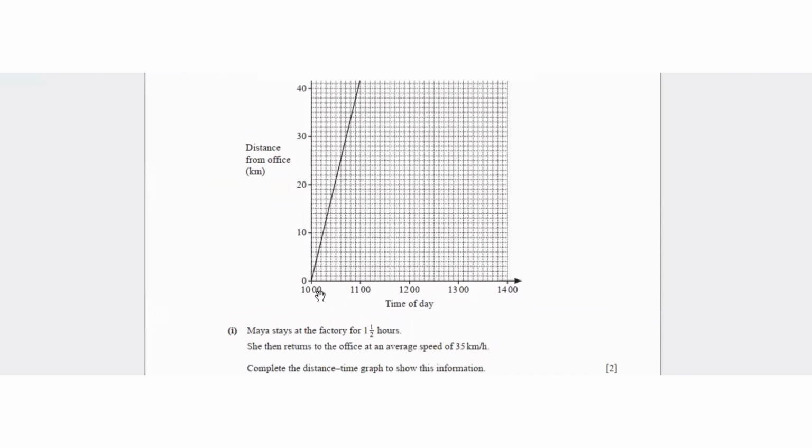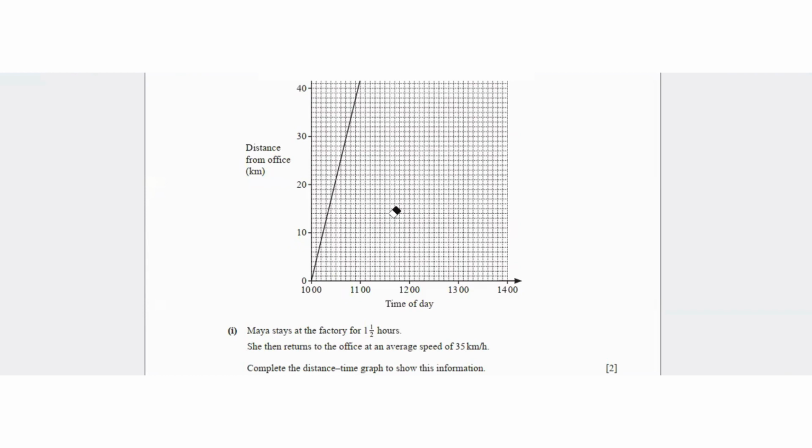So between each, we have a division of 1, 2, 3, 4, 5, 6, 10. 10 points between each, so it's like an hour. Each small box basically represents 6 minutes.